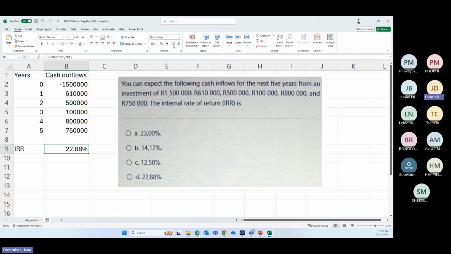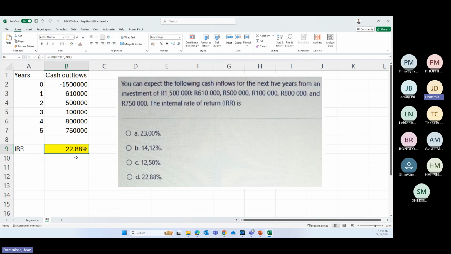If you round it off to 2 decimals, like all the answers, suddenly you will see we're actually sitting with 22.88.